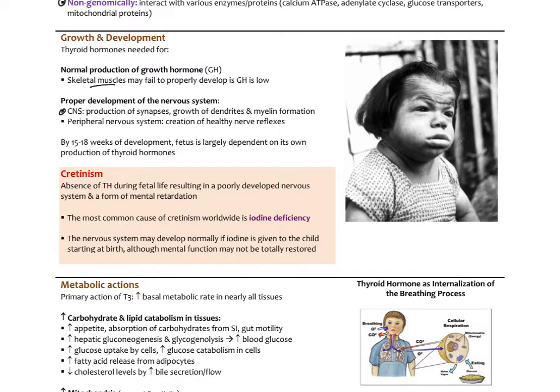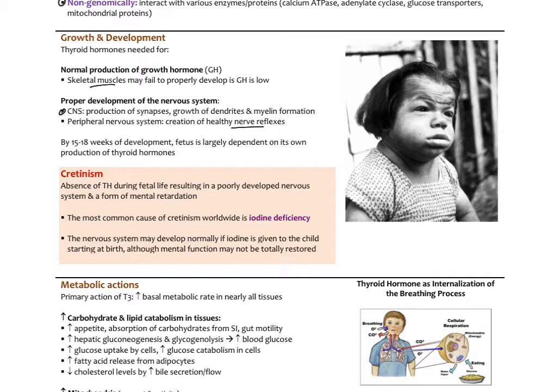In the peripheral nervous system, this will help contribute to myelin and creation of healthy nerve reflexes. So thyroid is needed for growth hormone and nervous system development. Again, by about 18-20 weeks of development, the fetus is largely dependent on its own production of thyroid hormones and independent of the maternal thyroid hormones.